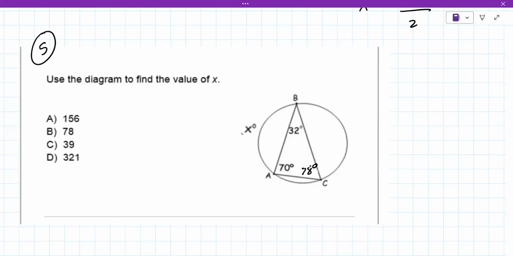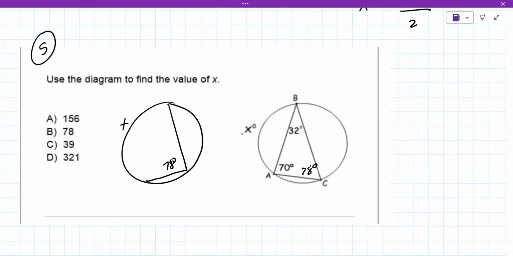But is that the value of x? In this case it's an inscribed angle. What's the relationship between the inscribed angle and this arc out here? You have to double it, times 2. Double it and it'll equal 156. Good.